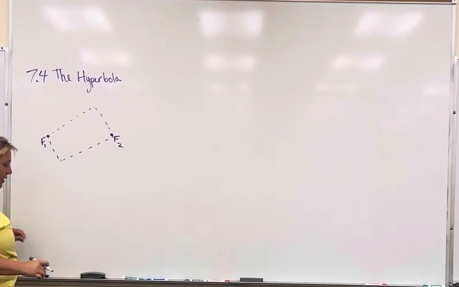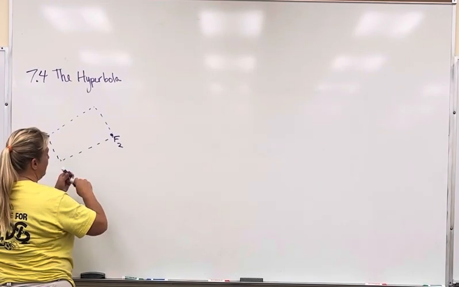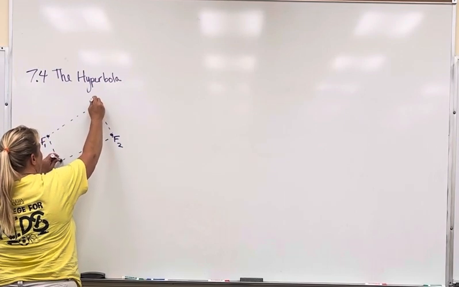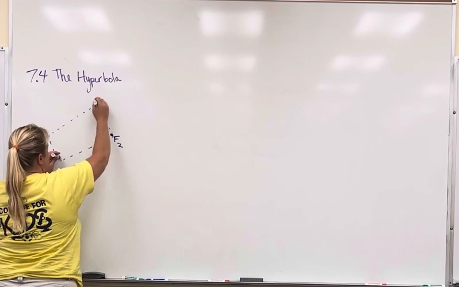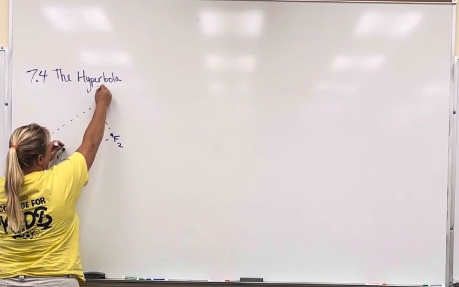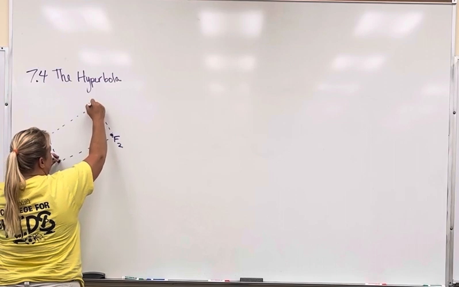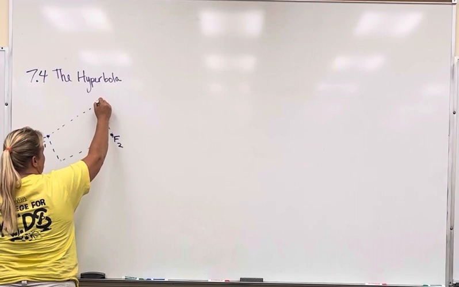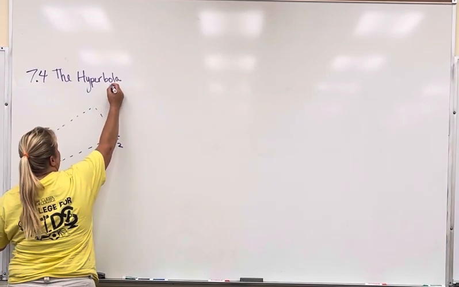So our string is still going around our two foci, but what we do is we stick a pen here, and we pull the pen back and forth, but as we do that, if we pull this one this way, this pen is gonna come in, and if we pull this one back this way, this one's gonna come down. So we can't actually get all the way over here because this pen is pulling in the opposite direction. So what it ends up making is kind of a weird shape. It ends up looking something like this.